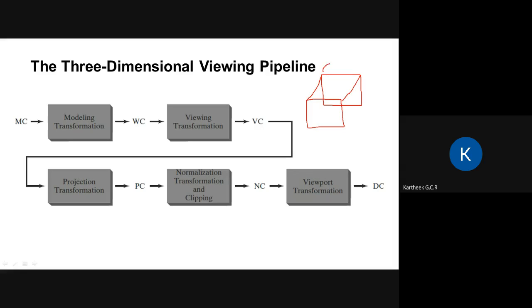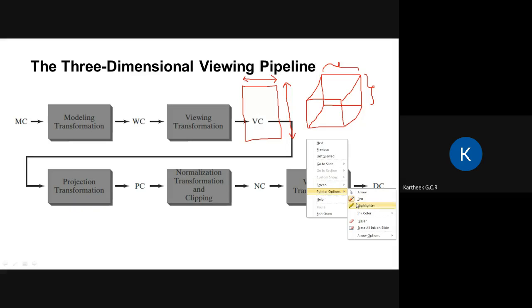No matter where you place it, it is made up of planes which are squares, so the dimension of any square that you take will be 1 by 1. Or let us say you are modeling a door. You might model it saying the proportion of this door is 1:2. So whatever measurement you take, the height of the door will be twice the width. This is basically the modeling coordinates for you.